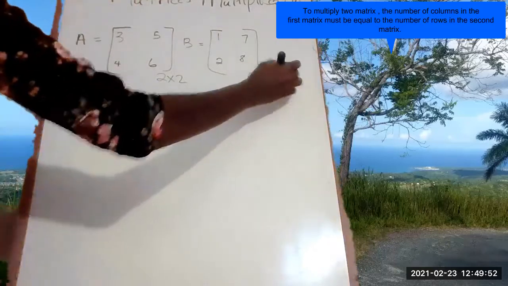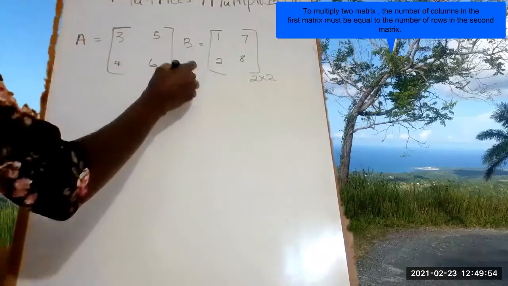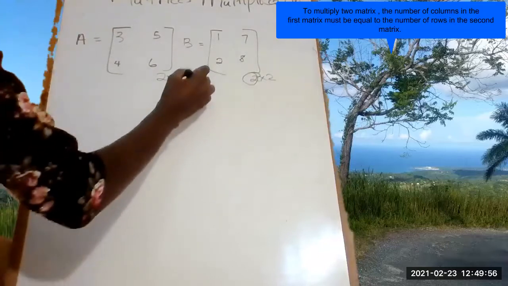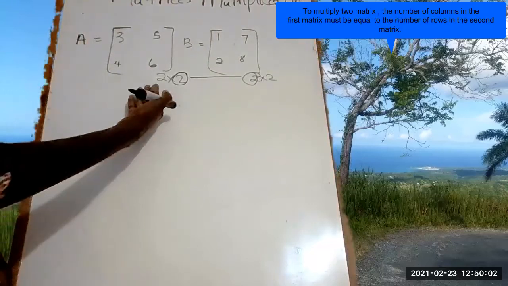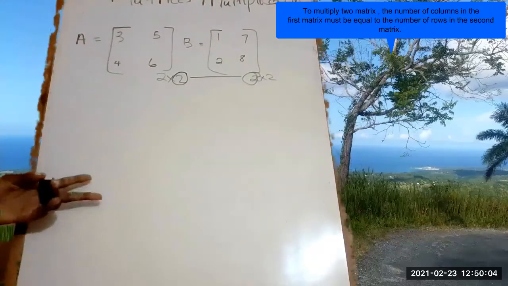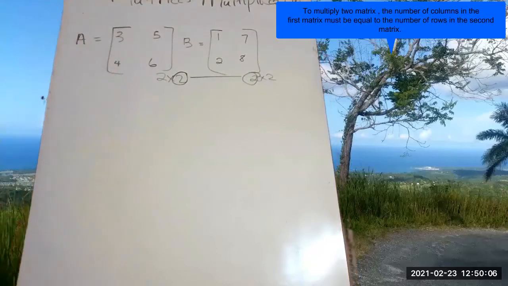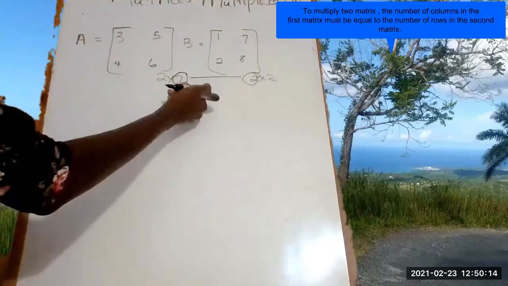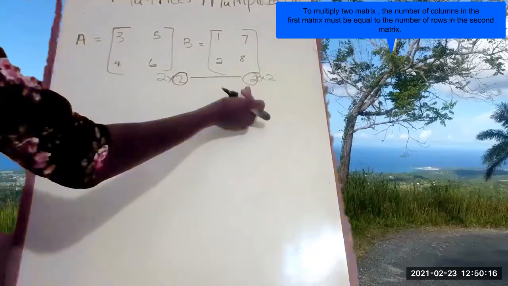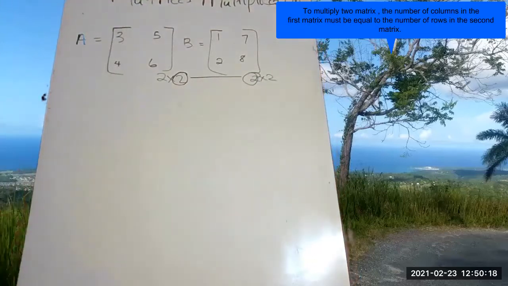This is a 2 by 2. This and this must be the same for you to be able to multiply the 2 matrices. Now these 2 matrices have the same order, right? Both of them are 2 by 2. So there is no question that they can be multiplied, because it's 2 and 2. The number of columns in the first matrix is the same as the number of rows in the second matrix. So they can be multiplied.